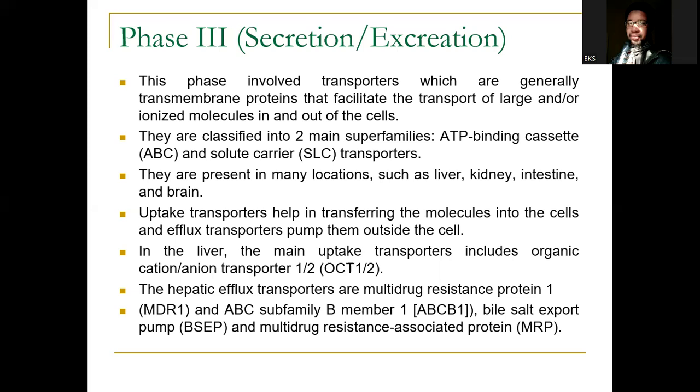These transporters are expressed in many locations, including the liver, the kidney, the intestine, and the brain. But majorly, we made mention of the liver, kidney, and intestine as the major organs where these things take place.